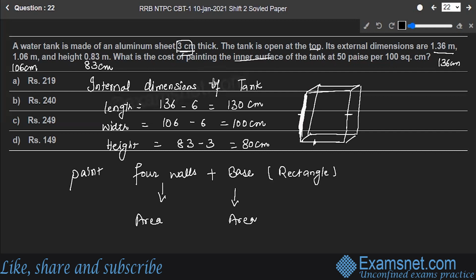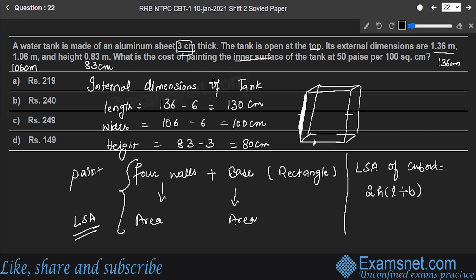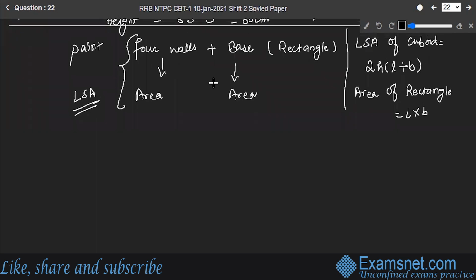And for finding the area of the 4 walls, this is nothing but the lateral surface area of the cuboid. Right? Now, what are the formulas? Lateral surface area of cuboid is 2 into height into length plus breadth. Also, area of rectangle, it's length into breadth, you know that. Correct? So 4 walls. Internal walls, right?